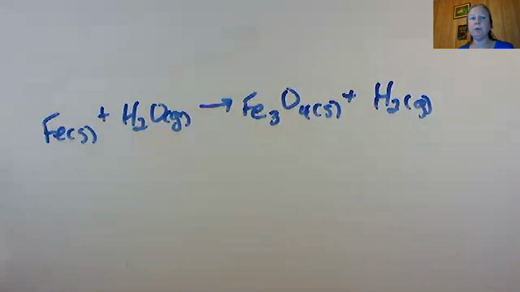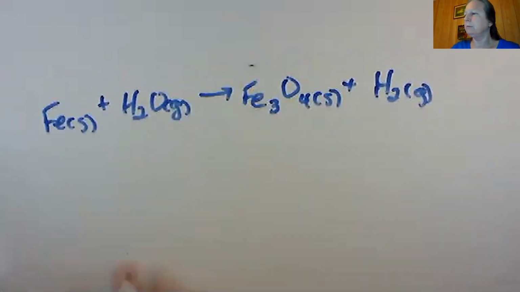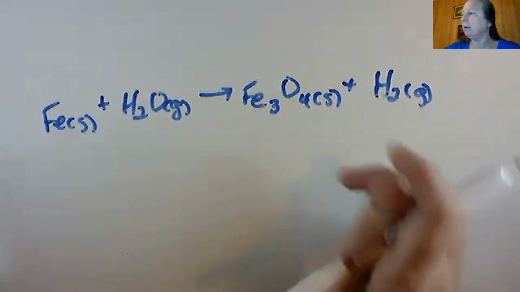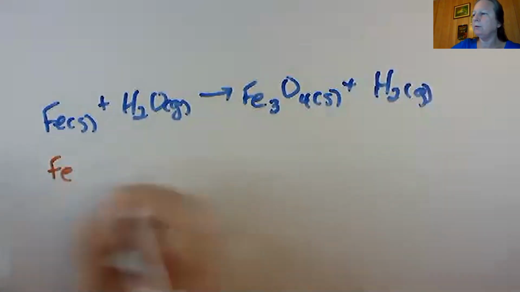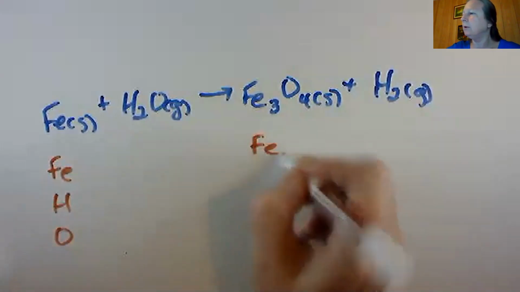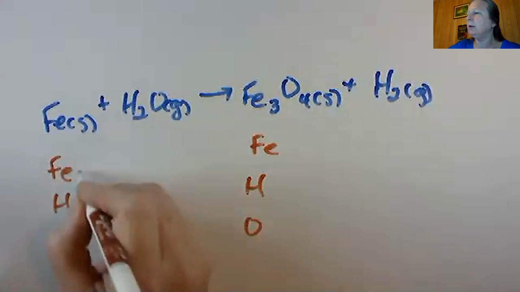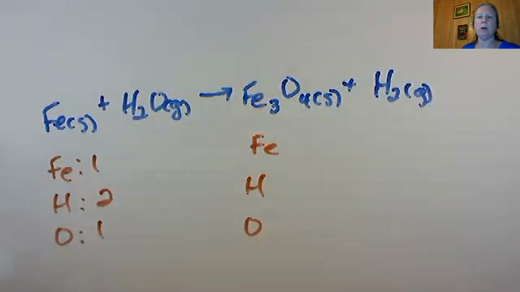So again, my inventory. Here, this little bug wants to do chemistry. Iron, hydrogen, oxygen, iron, hydrogen, oxygen. Okay. I have 1 iron, I have 2 hydrogens, and I have 1 oxygen.